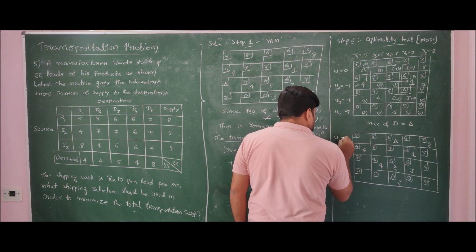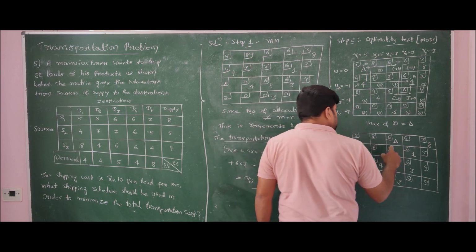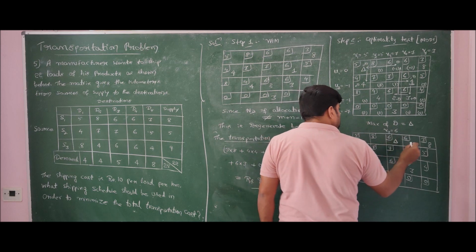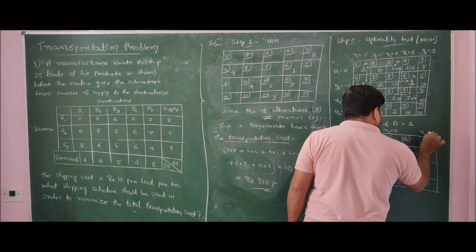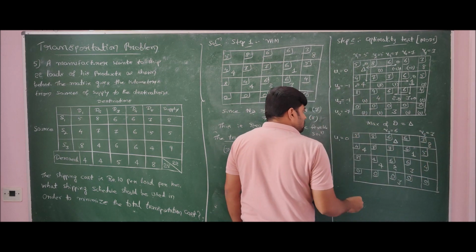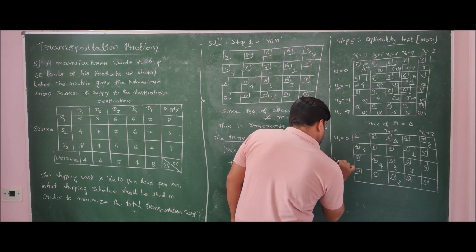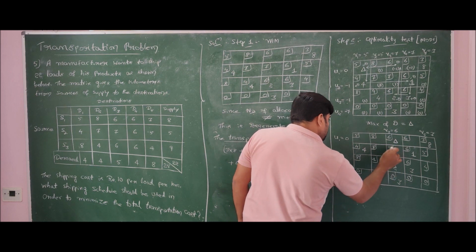So put u1 is equal to 0. Since u1 is 0, I can find v3 which is 6. I can find v5 which is again 3. Since v3 is known, I can find u3. u3 will be 0.